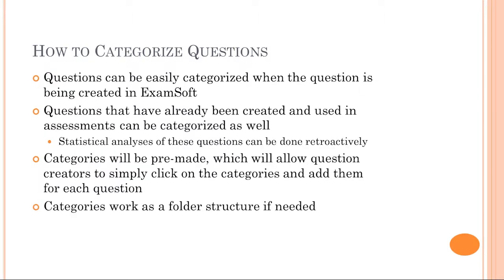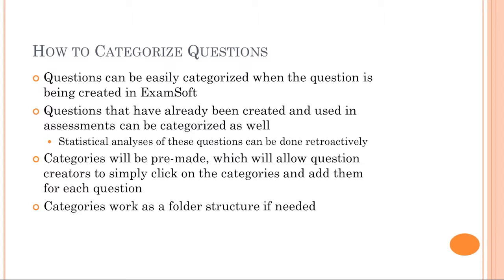So with how to categorize the questions, it's incredibly easy. You can actually do it as the question's being created. If you're familiar with the question layout page, there's just a little column on the left-hand side of the page, and you can just click Add Category, and you add your question to, again, as many categories as you would like.